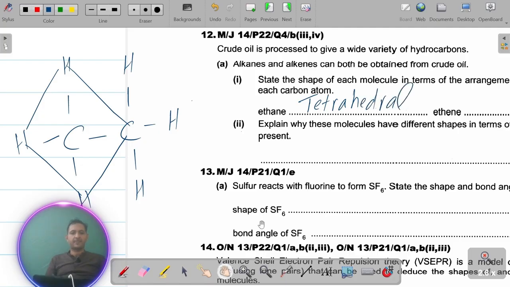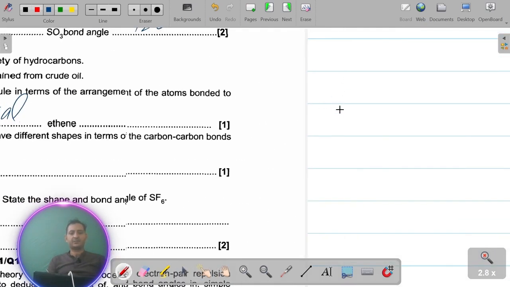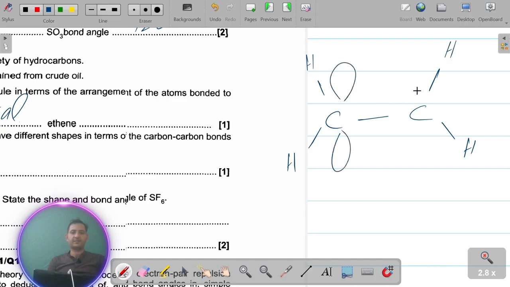What about ethene? Ethene is sp2 hybrid, like carbon to carbon this bond, and it is connected with this hydrogen and with this hydrogen. We never count pi bond in geometry. There is a pi bond, side by side overlapping, and we never include this pi bond in geometry.